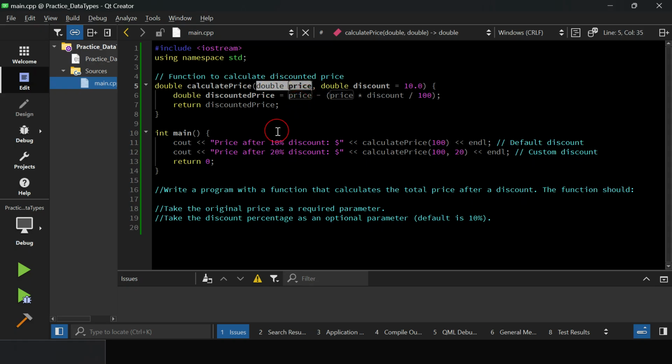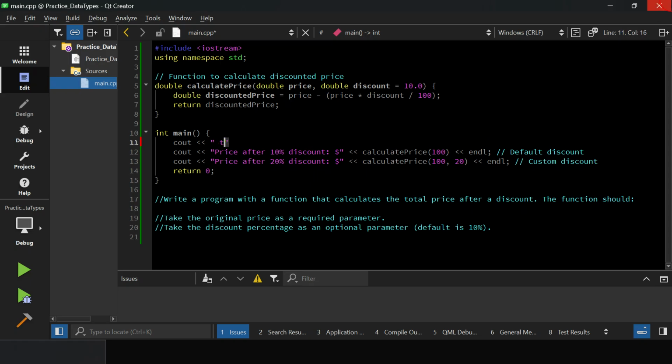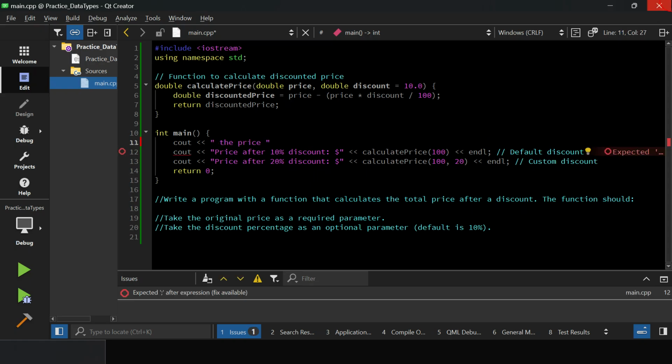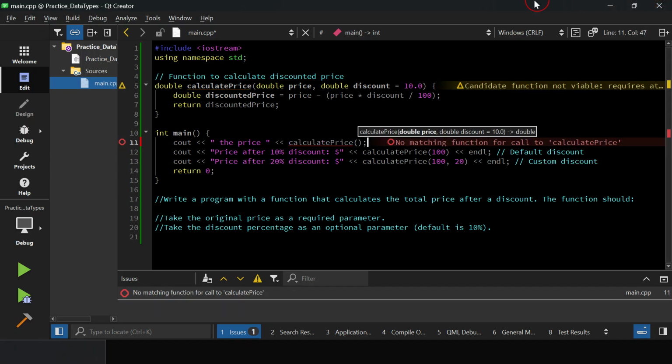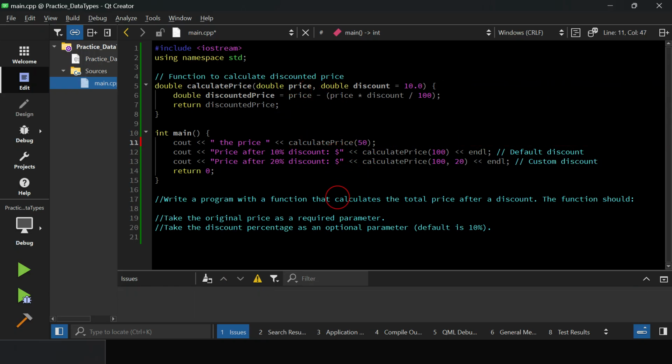The first one is mandatory. So you cannot write something like this: cout the price and then calculate price. It returns an error, because the first argument is a must. How do we know that it's not optional? Because it does not have an equal sign. So if we are calling this function, we must have at least one argument.